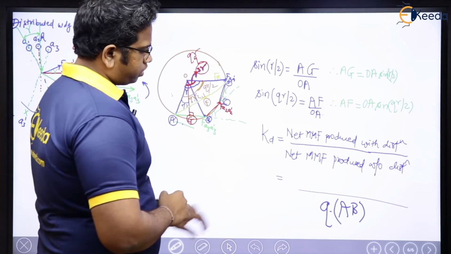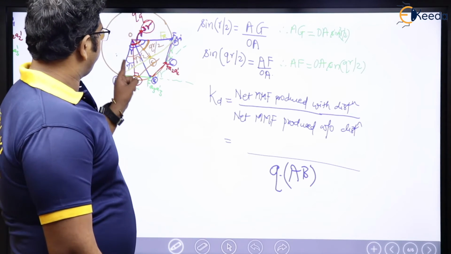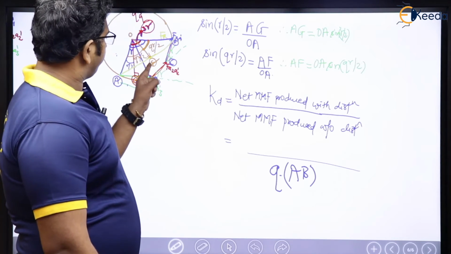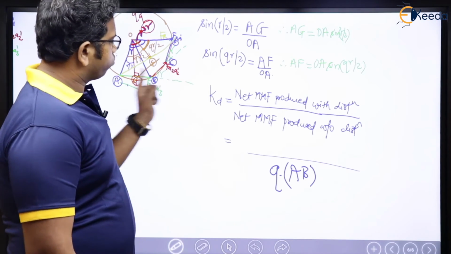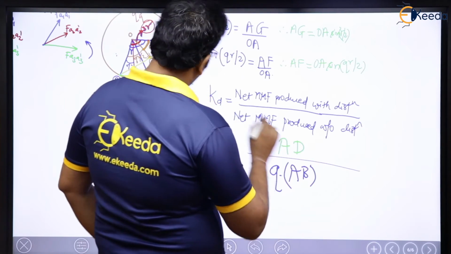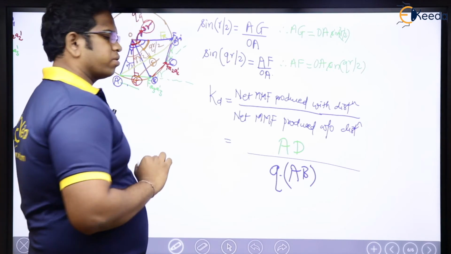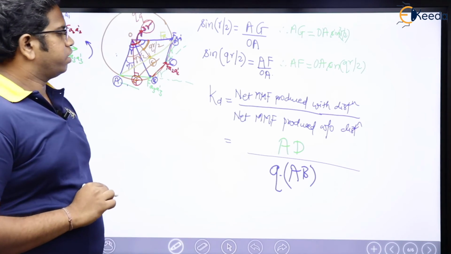Net MMF induced because of this one is going to be AF into 2. Basically this is AD only. The resultant net MMF produced with distribution is going to be AD.